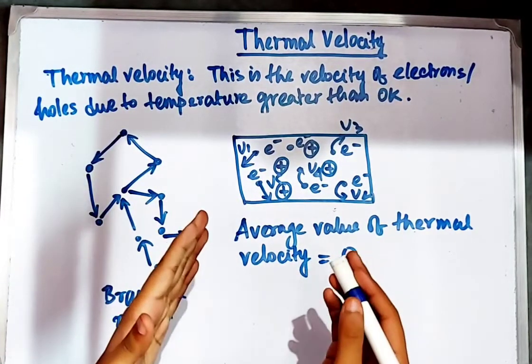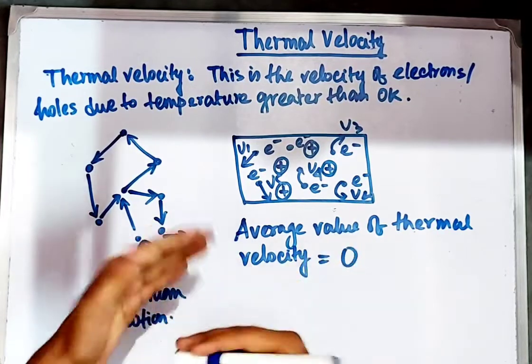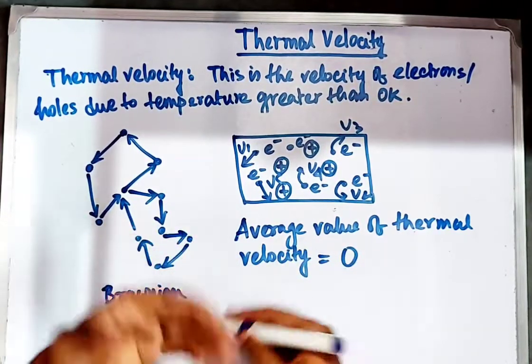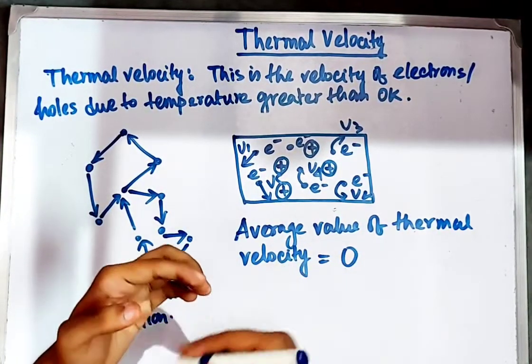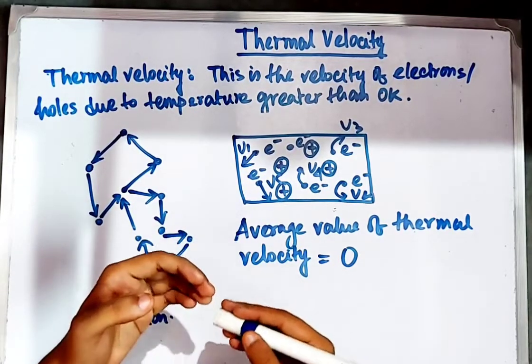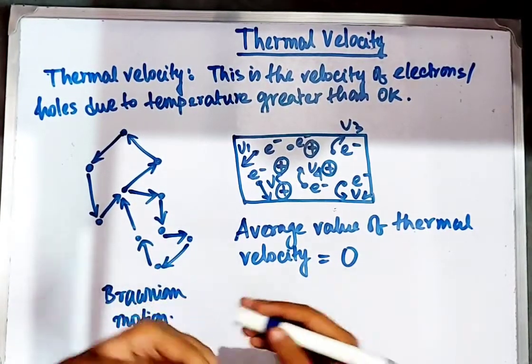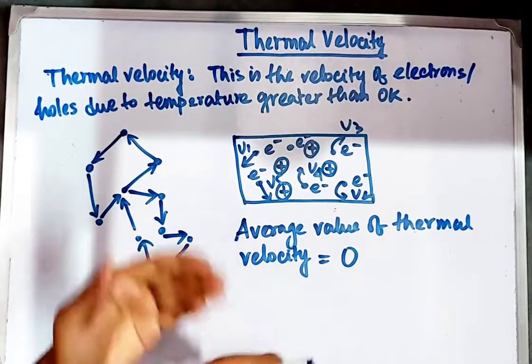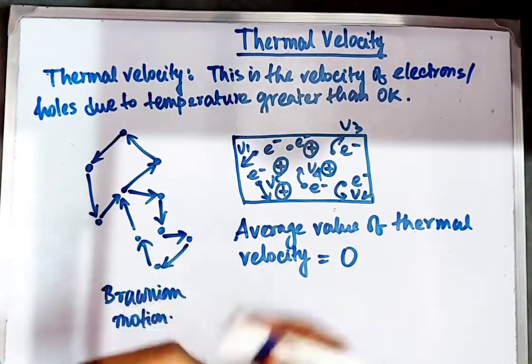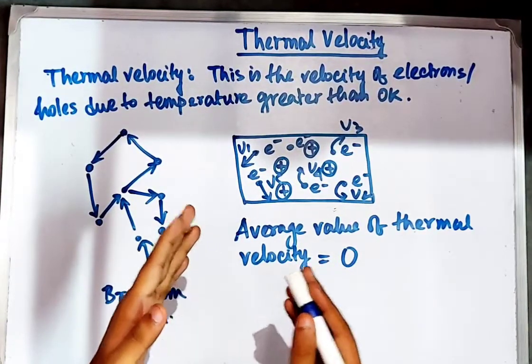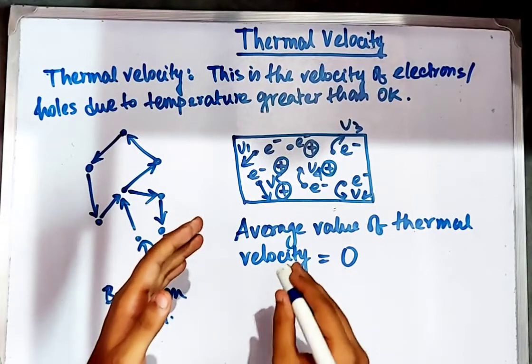If the summation of the velocities of all the electrons were not equal to 0, there would be a net displacement of charge carriers from one place to another, which would cause a current.